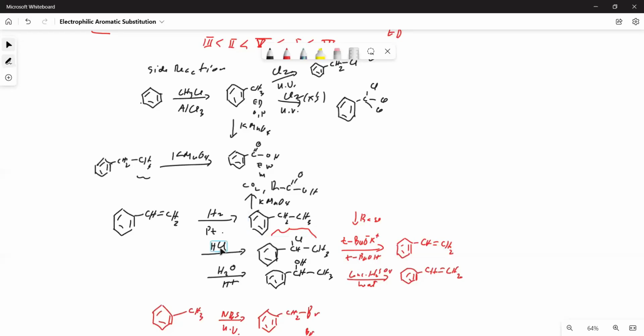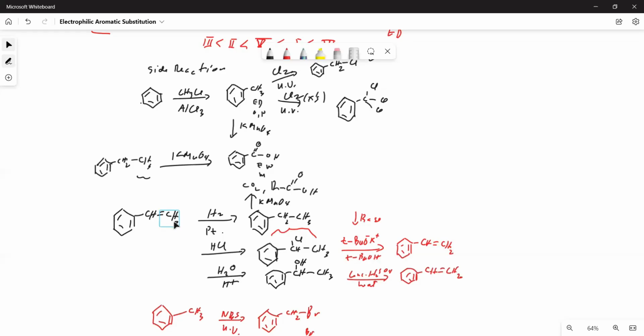If you add hydrogen chloride, then your alkene will undergo hydrohalogenation reaction. And following Markovnikov's rule, the hydrogen will go to the carbon with more hydrogen, and the chlorine will be here. So you will end up with this product. Okay, chloroethyl benzene.